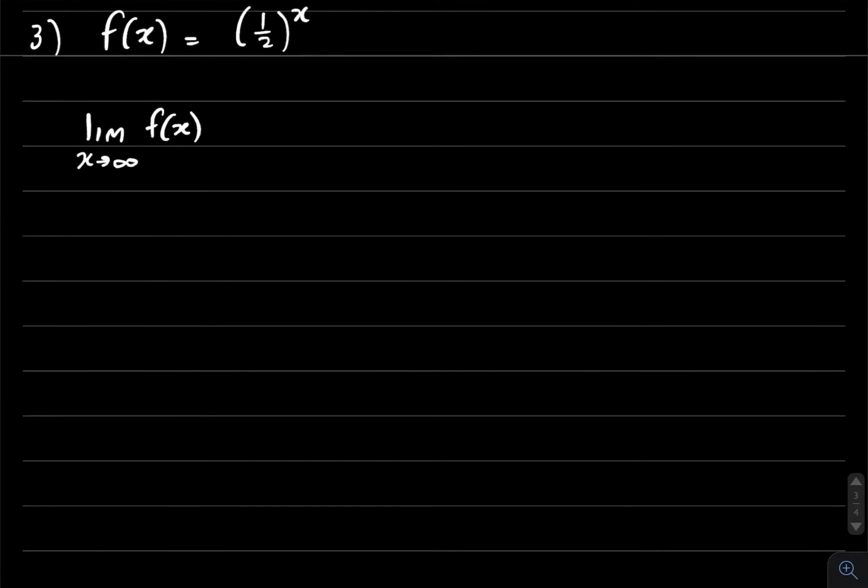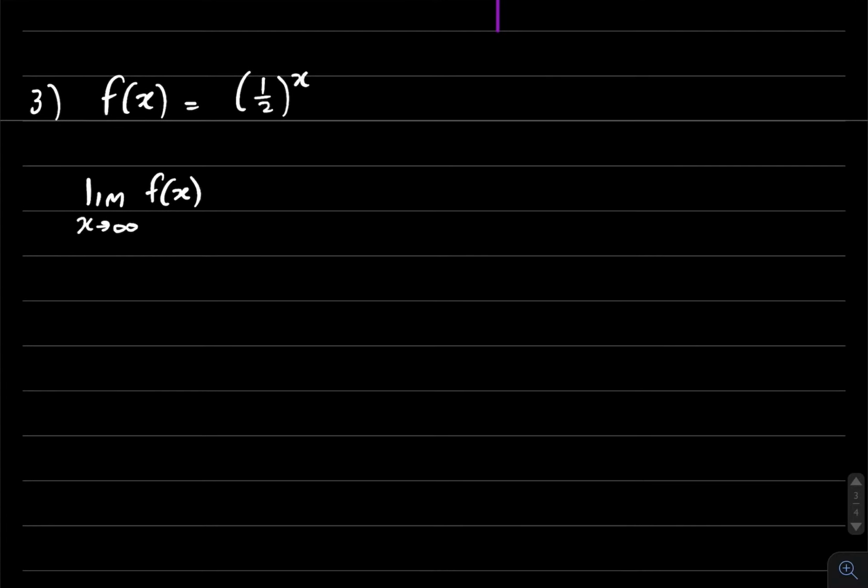Okay, we know that as x gets bigger and bigger, this function will either get bigger, it'll get smaller, it might remain the same, who knows? We'll see as we analyze this problem. So we know from the laws of exponents that if you have a over b to the power n, that's equal to a to the power n divided by b to the power n.